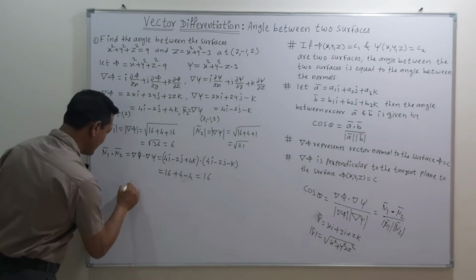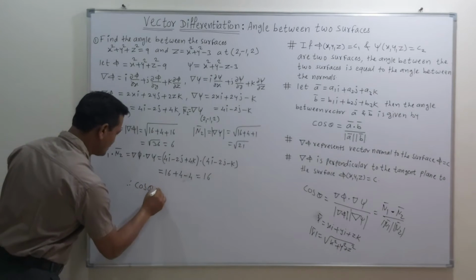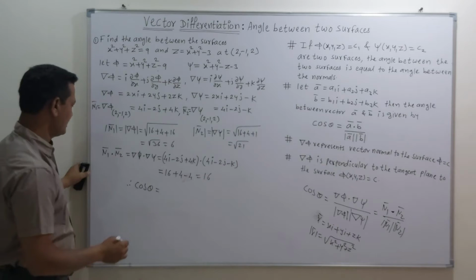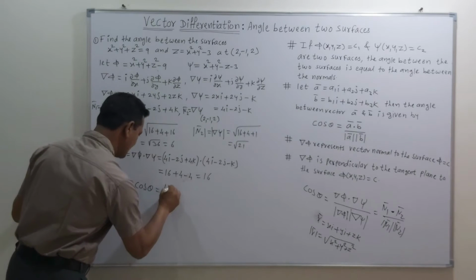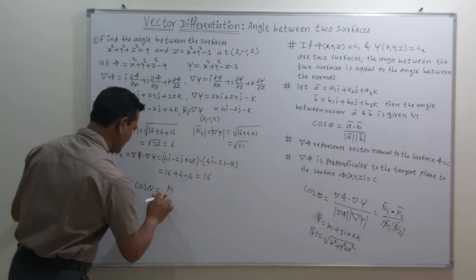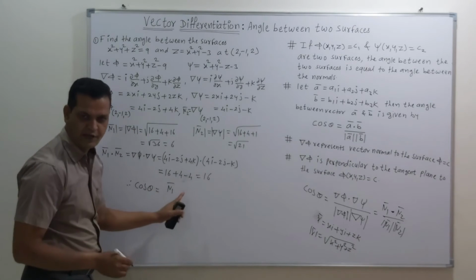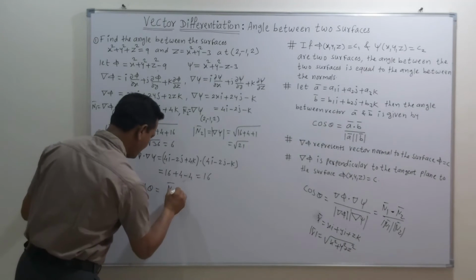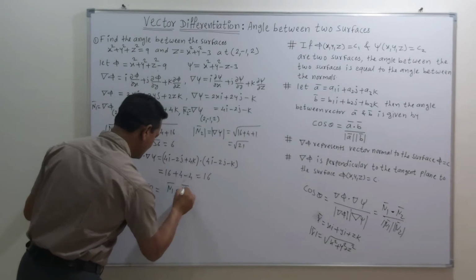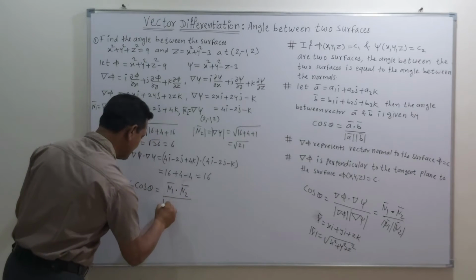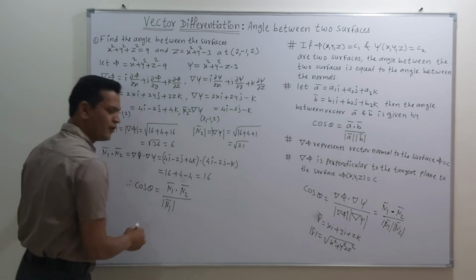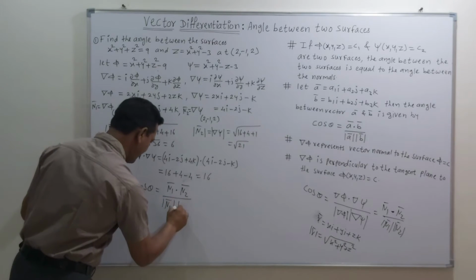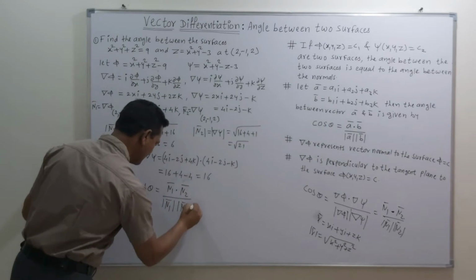Now if we find the value of the angle between these two surfaces, then cos theta is equal to n1, the normal to the first surface, dot product with the normal to the second surface, upon the magnitude of the normal to the first surface and the magnitude of the normal to the second surface.